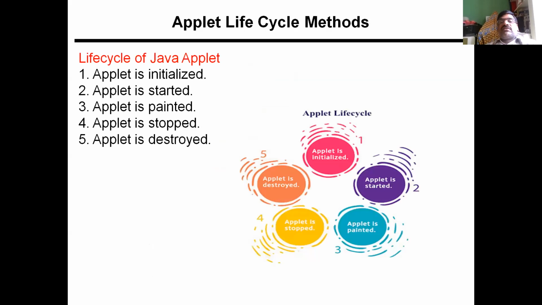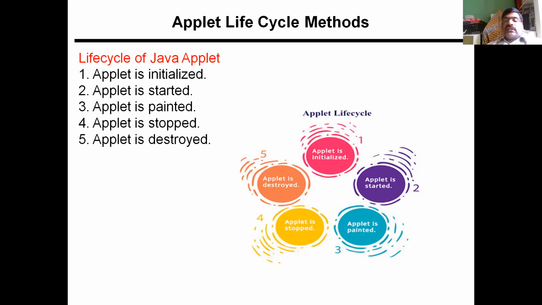Now coming to the applet lifecycle methods, there are 5 lifecycle methods, or we can say 5 steps the applet lifecycle will follow. First, the applet is initialized, and next the applet is started. Next the applet is painted. Paint is the method where we execute the code for what the applet has to do.